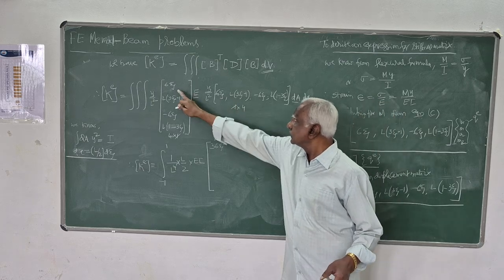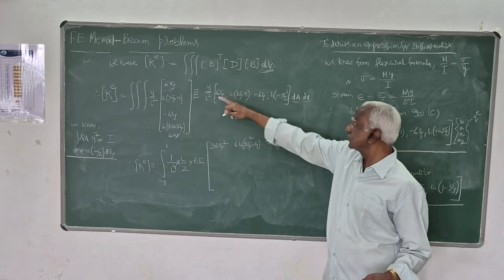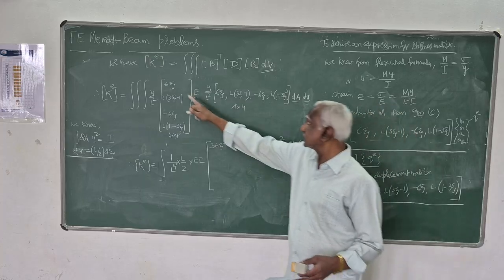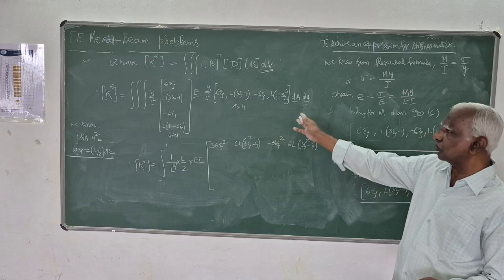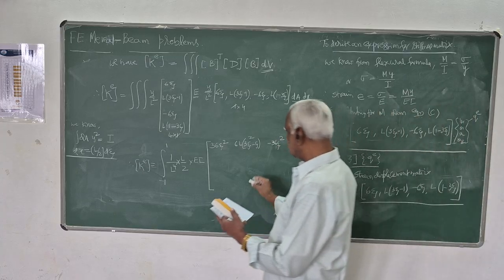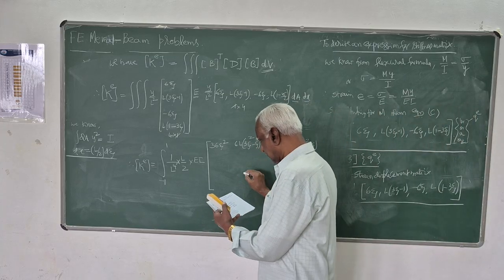This into this, this into this, that is this into this, and this. So you will get each matrix multiplication as a 4 by 4 matrix. I will write only the symmetric matrix.